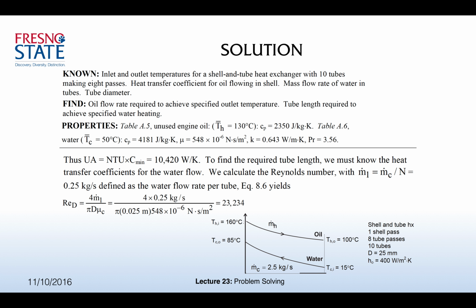It only includes the convection between the oil on the outside and the outer surface of the tube, and the convection of the water flowing inside of the tubes with the inside surface. So two convections. We have the convection coefficient on the outside given to us, H out, and it's 400 watts per meter squared Kelvin. But we need to find H in, and we will do the analysis for one tube. So that's going back to the internal flow convection problems we have been dealing with.